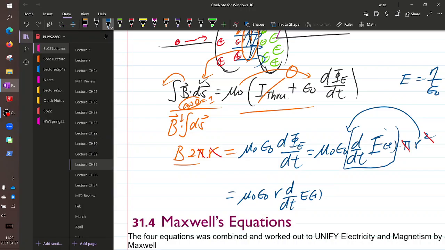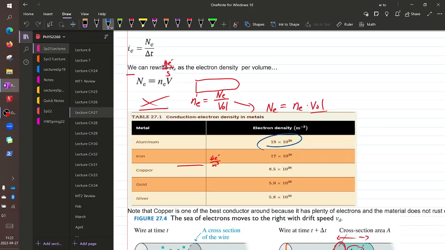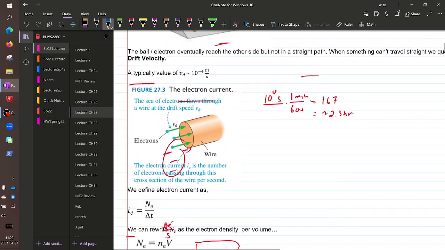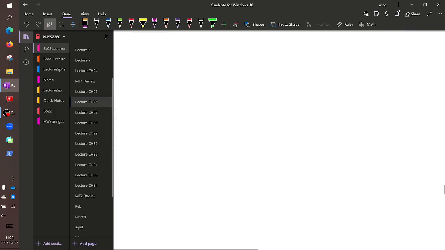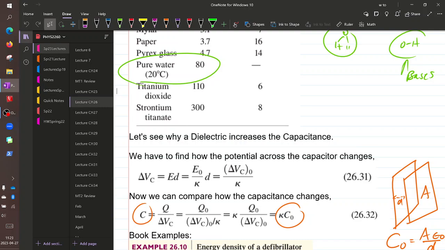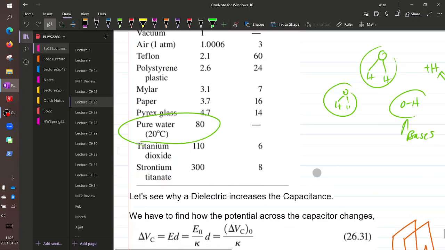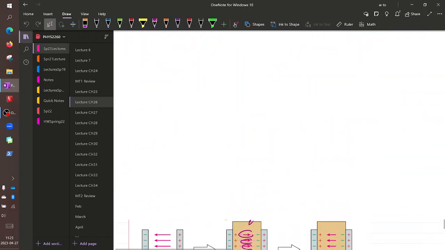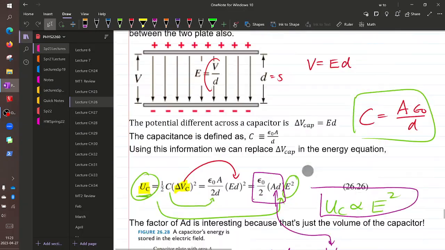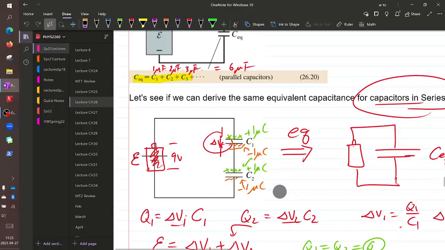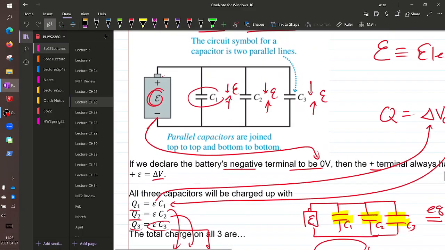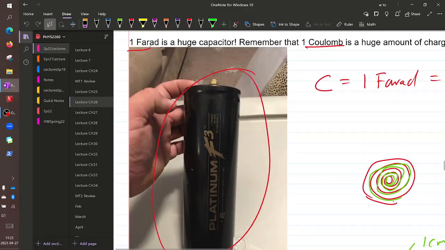When we did capacitors, is that 27? Yeah. This is where we cover capacitors. Let's go up. Anyone remember that equation? Is it divided by epsilon naught? I think it is. I just want to make sure we got the constant right.